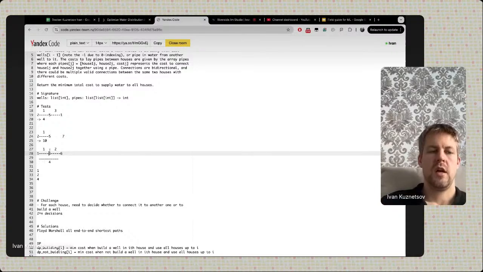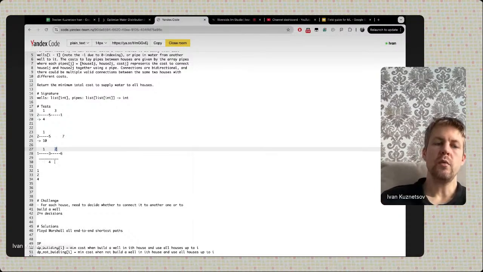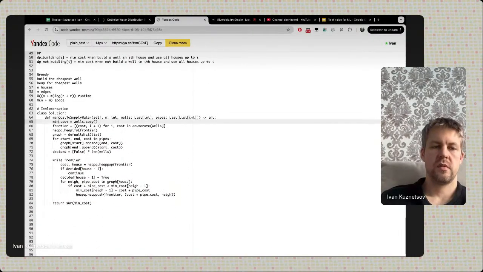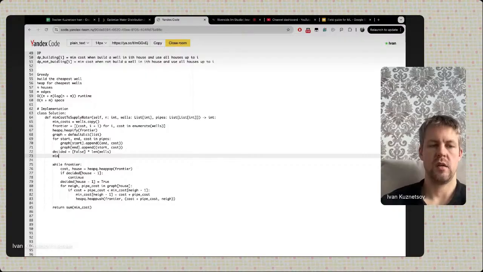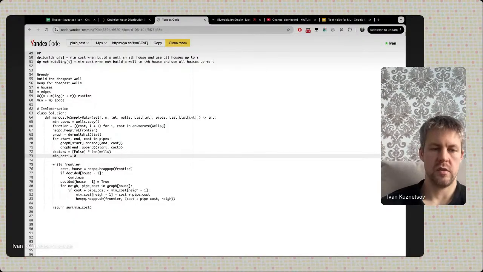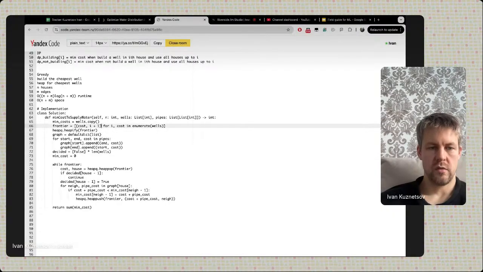So okay, now we just need to add this value to the minimal cost at this point, and because of that, minimal cost will be working differently. Minimal cost will be 0. And here we are doing something different.